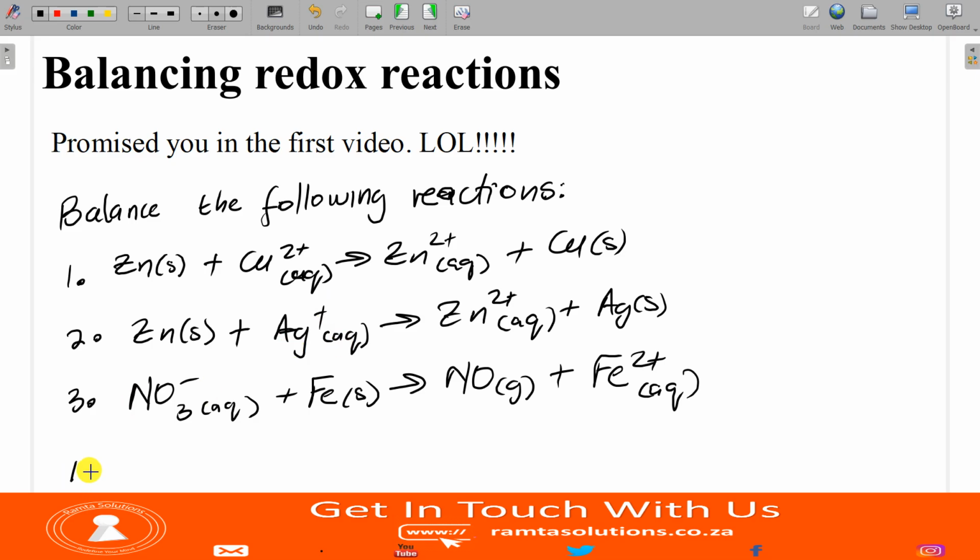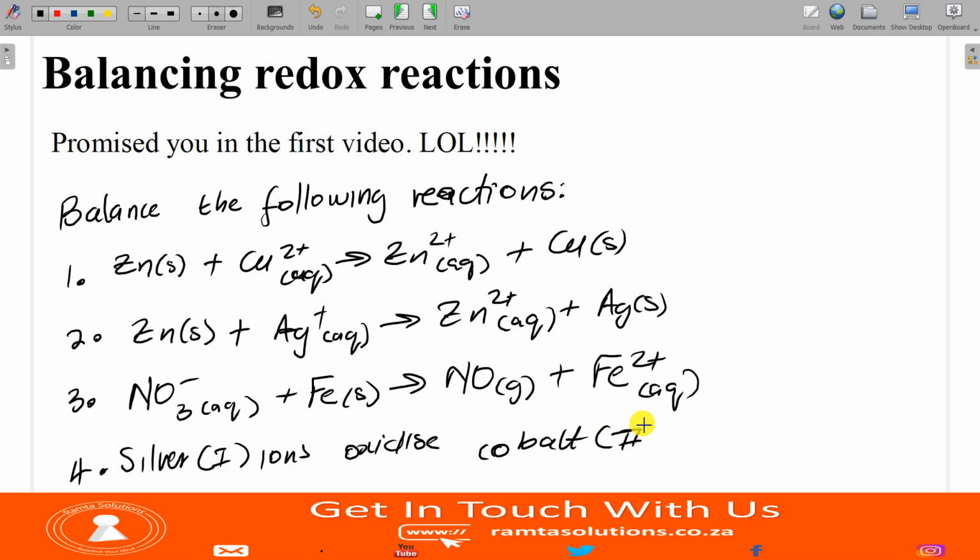The fourth one that I'm going to add, I think I should try it when it's given in writing. Silver 1 ions oxidize cobalt 2 ions.